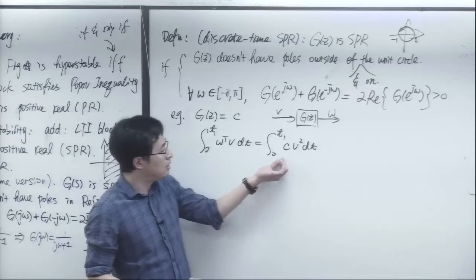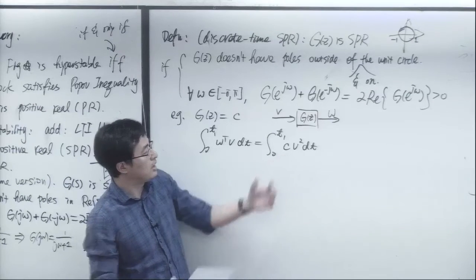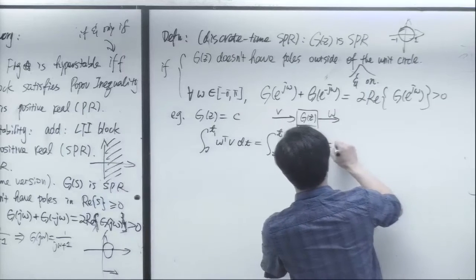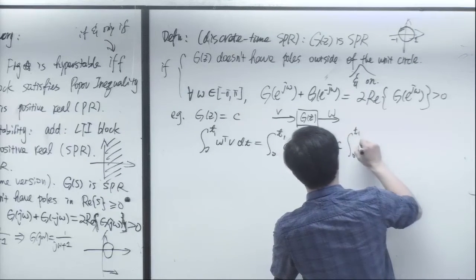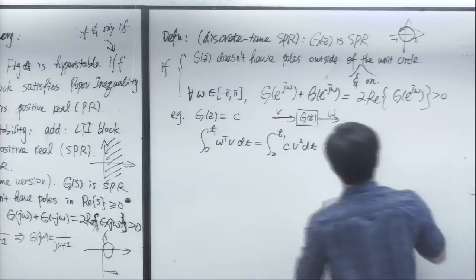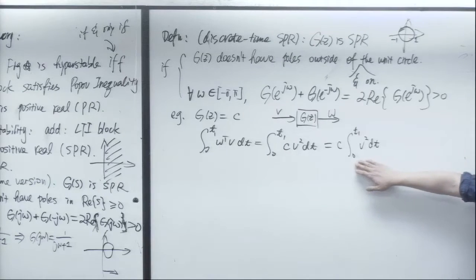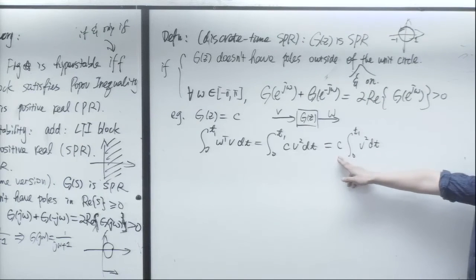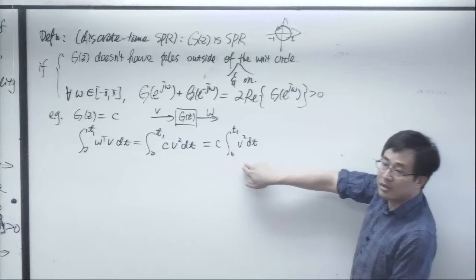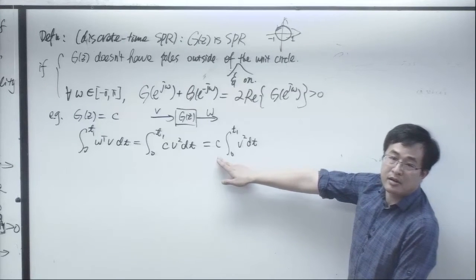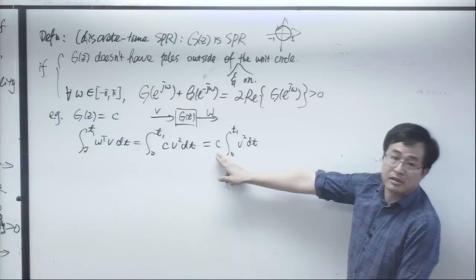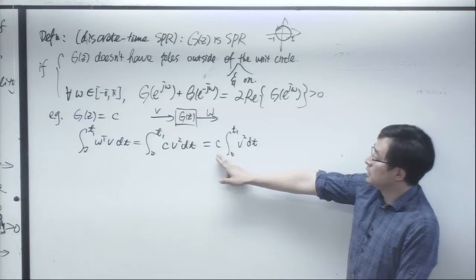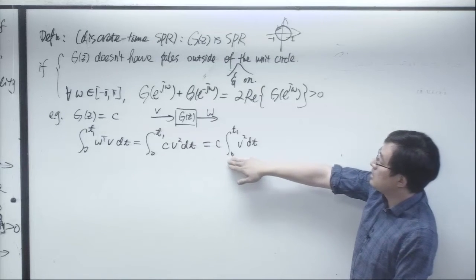And then obviously this is going to be lower bounded by, if I factor out C, the integration of a positive number, so this one is always positive, and then this is bounded by C times a positive number. If C is a positive number itself, then this is lower bounded by 0, right? So definitely I can lower bound this number.